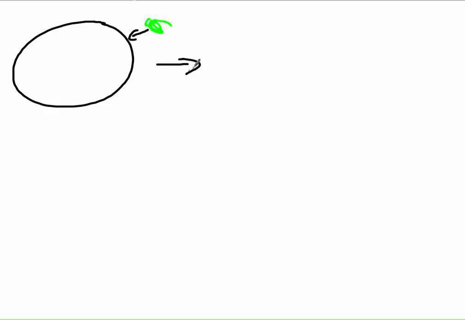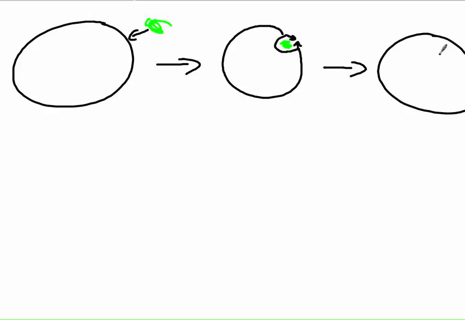Then in the next picture, I start pushing in on that membrane to form a little vesicle. These two parts of the membrane need to come together to fuse, to join, to make that little bubble within the bigger bubble. And then in your last picture, you have that little vesicle inside the bigger cell with the stuff that you need in it. So you just create a bubble within a bubble.